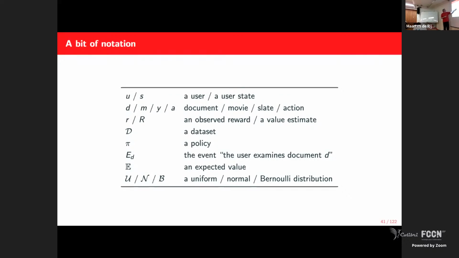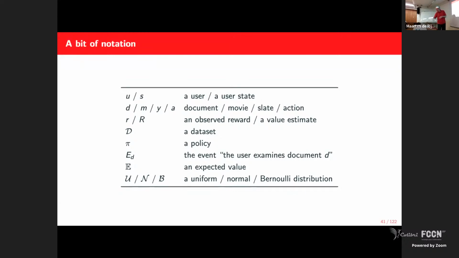We have observed rewards and estimated rewards, a data set, a policy. We have an event, an examination event that we'll see in a bit. We have expected values, and then we have some distributions, uniform, normal, and Bernoulli. Okay, so users, documents, rewards, and then expected value, those are the ones that you'll see most.